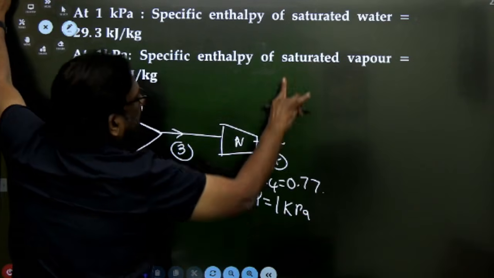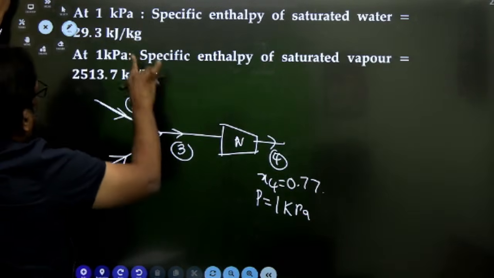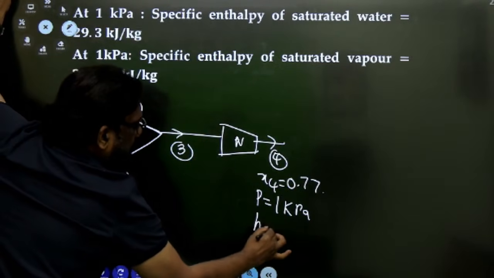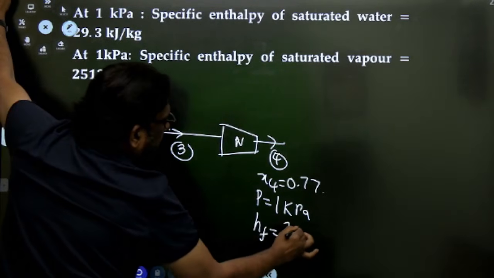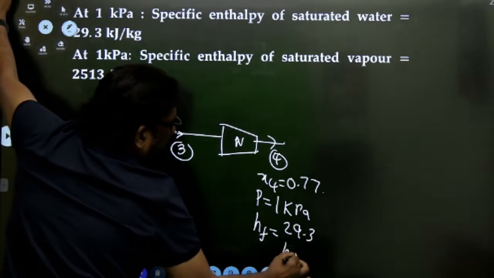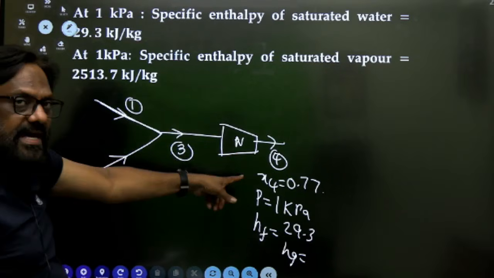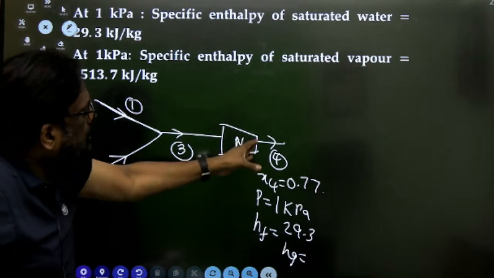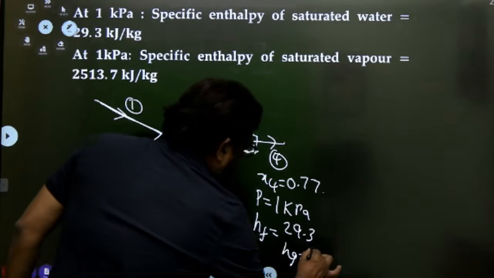So enthalpy of saturated vapor, the enthalpy of saturated water. तो यहाँ का at 1 kilopascal, enthalpy of saturated liquid, it is 29.3, and the enthalpy of saturated vapor at 1 kilopascal. Because आपको कैसे पता यहाँ पे, he clearly said it is exiting the nozzle at 1 kilopascal. Okay, so it is 2513.7.